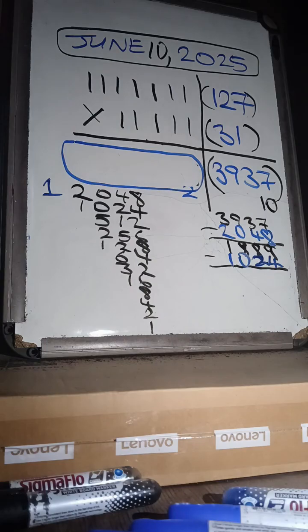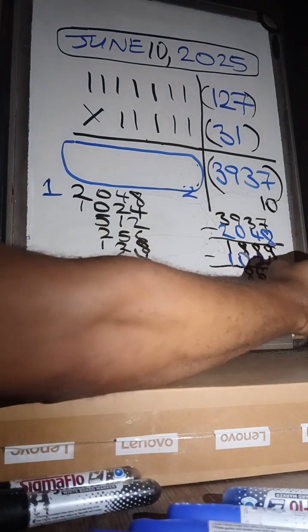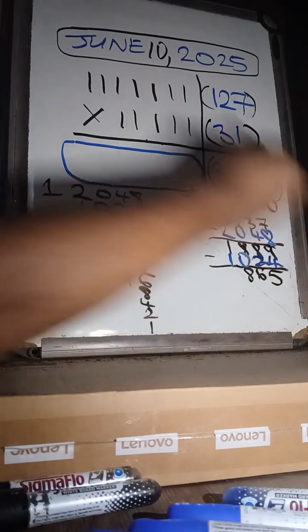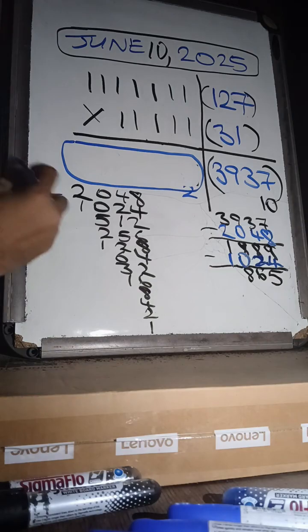Alright, so what we have now, this is going to give us 865, okay. So we have a 1 here and a 1 here.